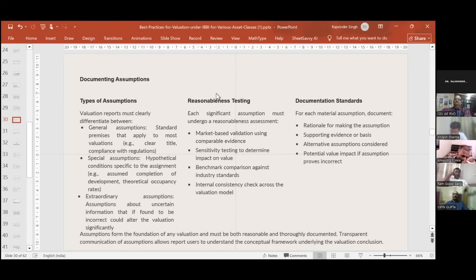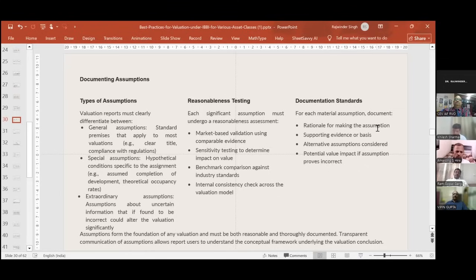The next thing is that for each material assumption, you must have documentation. You must document these material assumptions in your valuation report. In that, you must mention the rationale for making the assumptions. Then you must provide supporting evidence or basis for the assumptions.